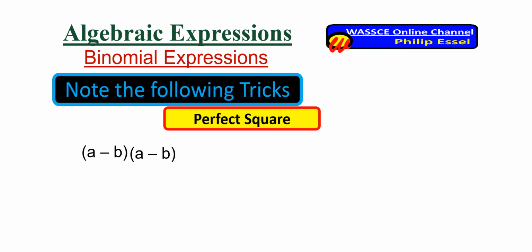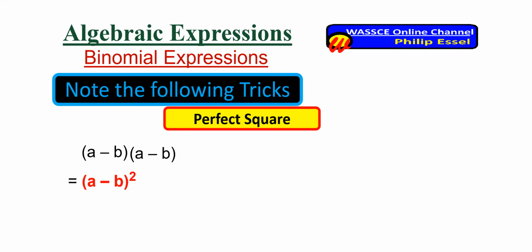Remember, 2 times 2 is 4. 4 is a perfect square because we obtain 4 by multiplying the same numbers together, 2 and 2. The same way, when the binomial expression a minus b multiplies itself, it also forms a perfect square, which will be a minus b all squared.